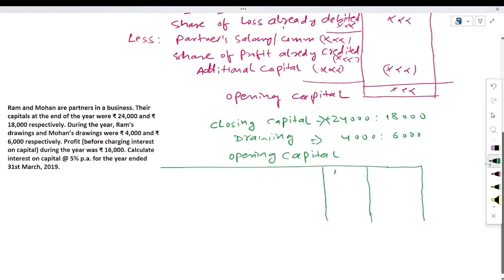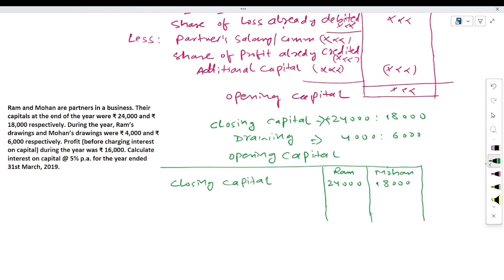Here first one is Ram and second one is Mohan. What is given in the question? First of all, closing capital is given in the question. Closing capital how much? Ram 24,000 and Mohan how much? 18,000.